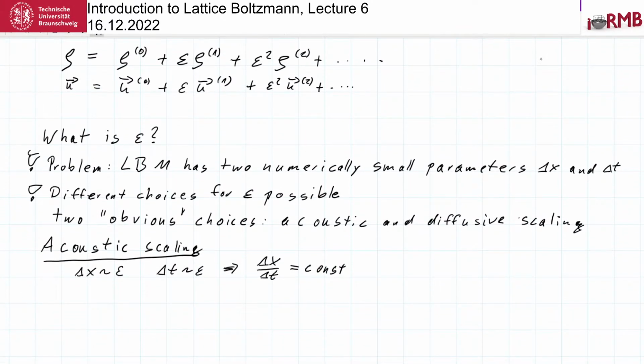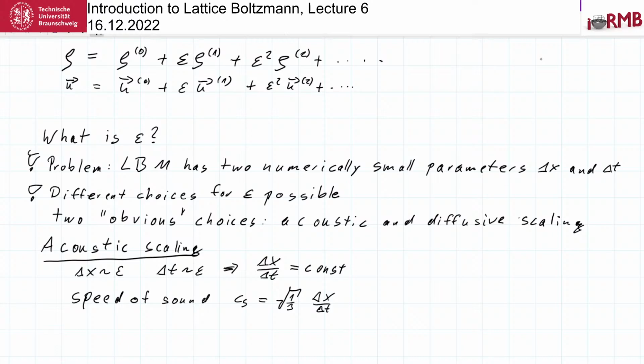So what does this mean for the speed of sound? Speed of sound, Cs, is now in the lattice Boltzmann method. We already assume, we have derived this in a little bit different context, we already assume this is 1 over square root 3 times delta x by delta t. So this is what we are usually using.